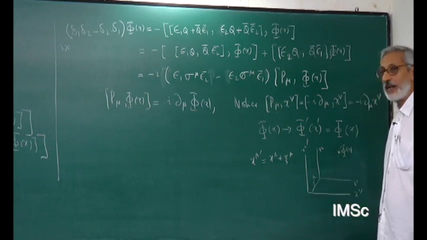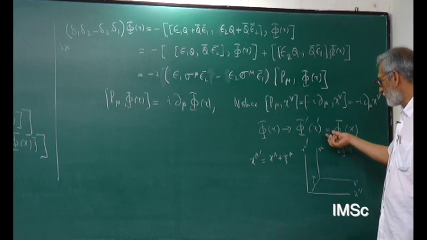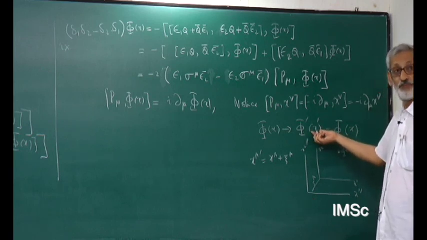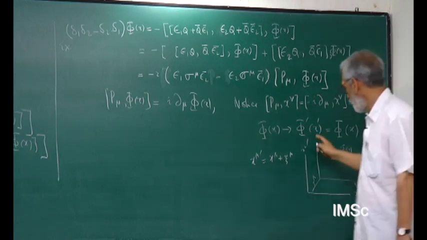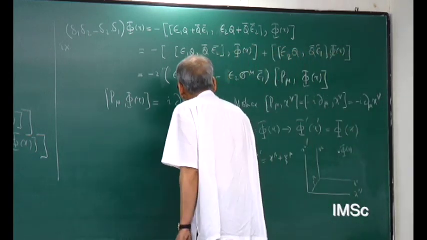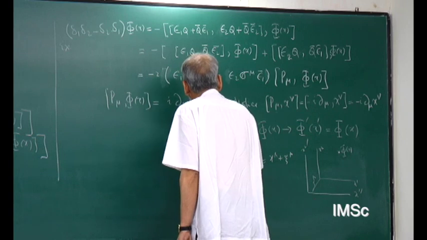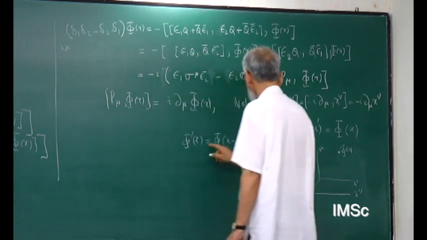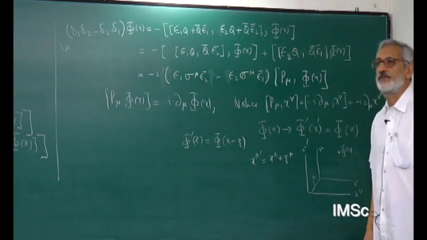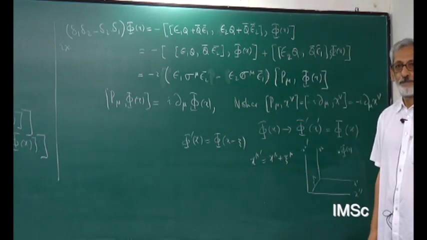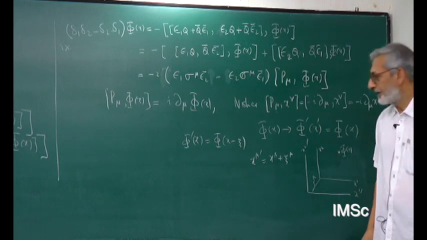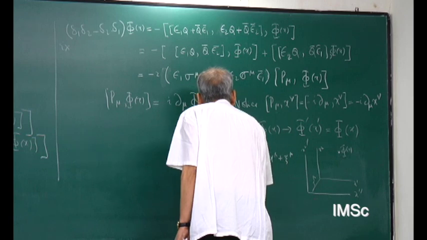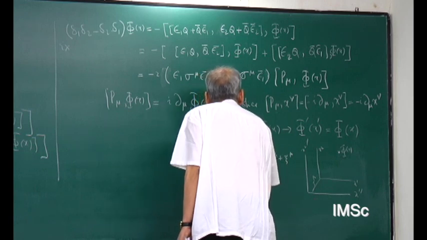If I measure it in prime coordinates, it's the same object, so give that name phi prime of x prime. Now phi prime of x prime, what is phi prime at x value? Because x prime is this, this is phi of x minus xi mu d mu phi.